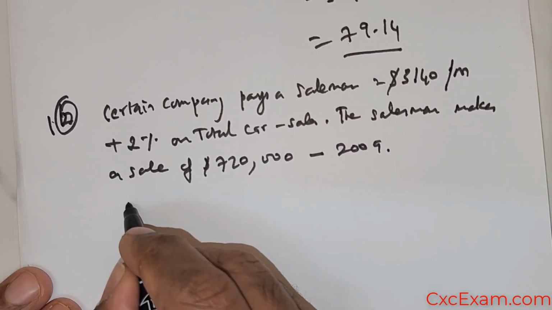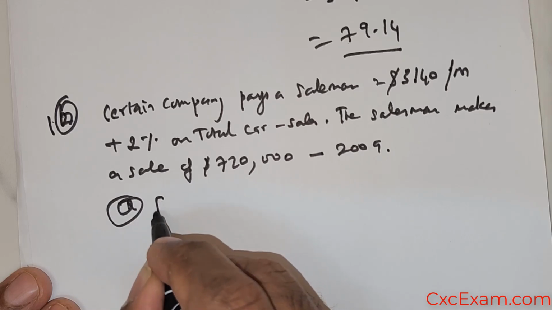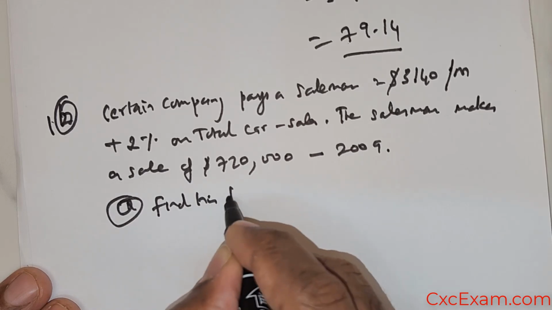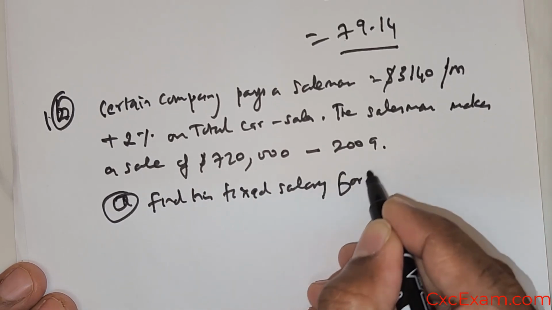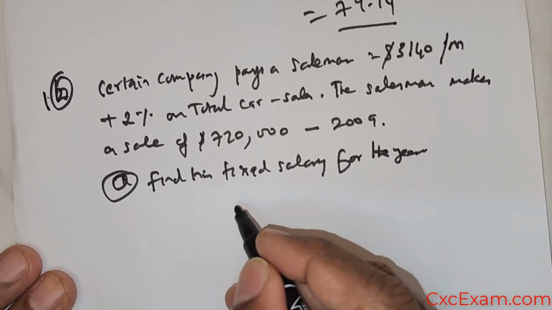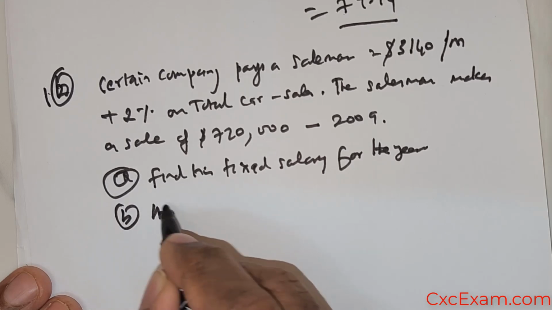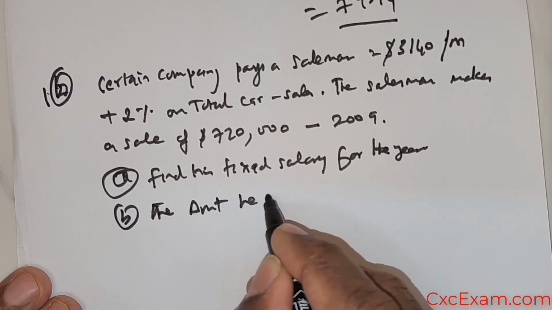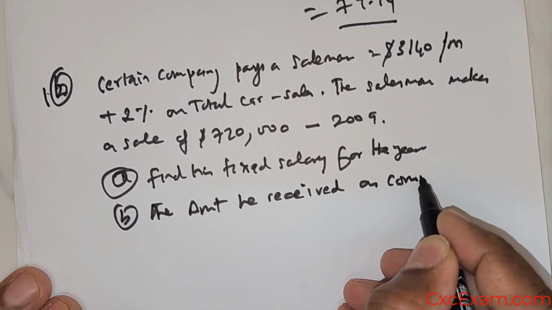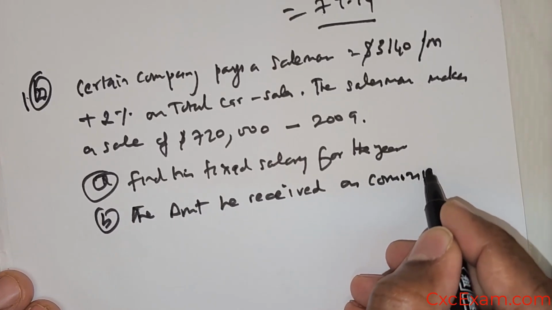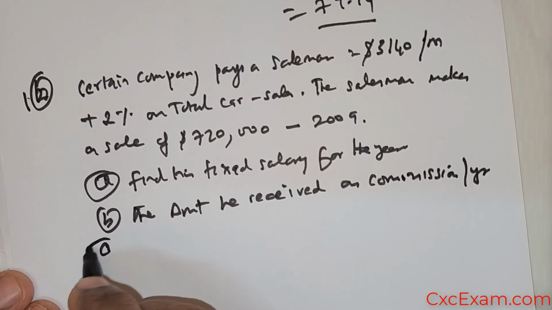Now what we are asked is to find his fixed salary for the year. This is the first thing. And then the amount he received as commission for the year. And then his total income for the year.